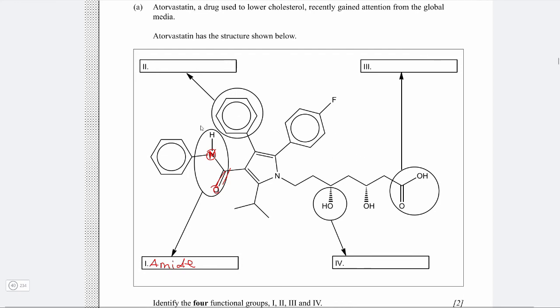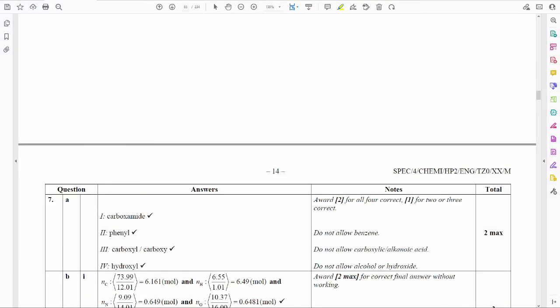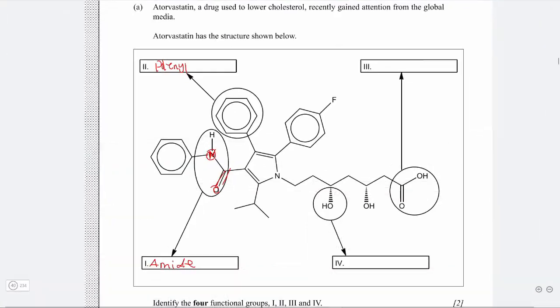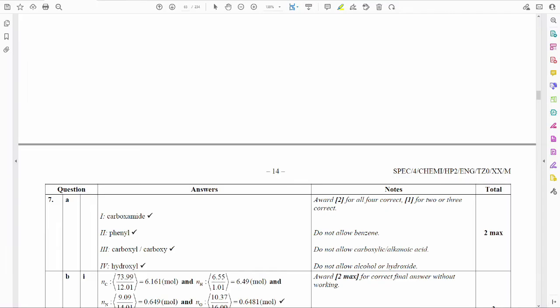Number 2, this one is called a benzene ring, but I think they're asking for a phenyl. I think phenyl ring. Is that what they want? Yeah, phenyl. And here you have a carboxylic acid, carboxylic acid. And here is just alcohol or hydroxide, I guess. Hydroxyl.